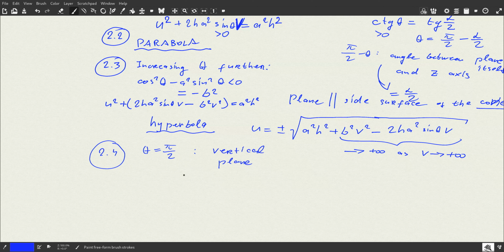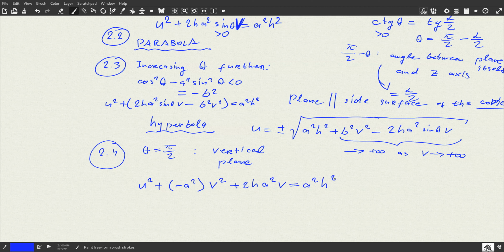In which case, we have u squared plus cosine of pi over 2 is 0. We only have minus a squared sine, and sine is 1, obviously. We have minus a squared v squared, plus 2h a squared v equals a squared h squared.